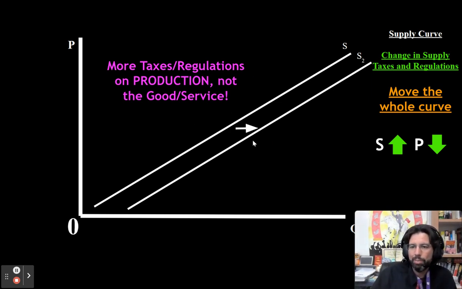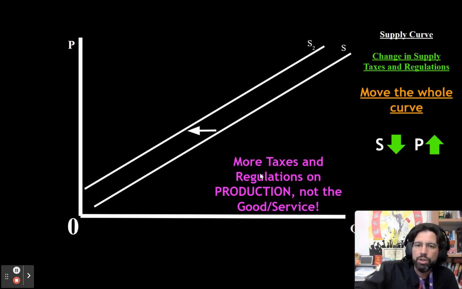Obviously, if I don't have to pay money in taxes, or I don't have to put extra things in my factory to make sure it doesn't emit as much pollution, that means I can put more money into making product or services. So less taxes and regulation on production, then supply goes up, price goes down. More taxes and regulation on production means supply goes down, price of that item goes up.